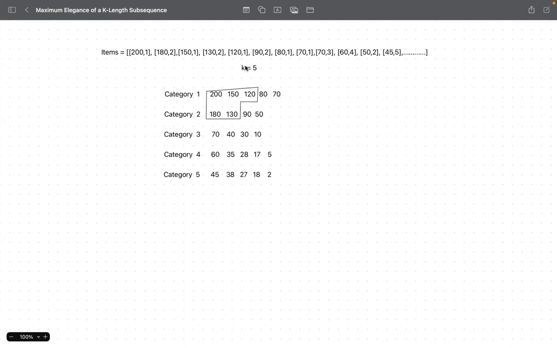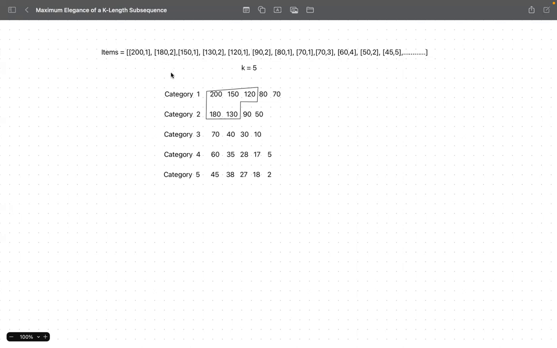Now what is K here? K is 5. And then I have tried to list down all the items based on categories. So in category 1, we have 200, 150, then 120, then 80, then 70. And you can see that whenever we are traversing this list from left to right, since this is sorted, I have sorted it first.